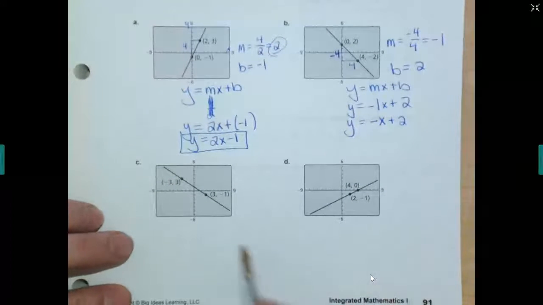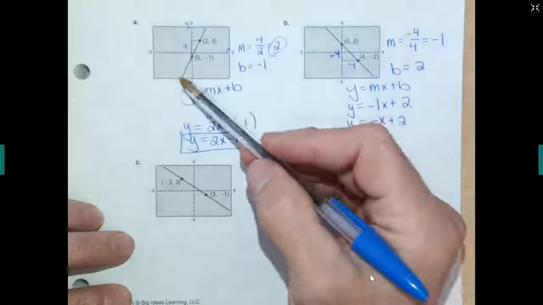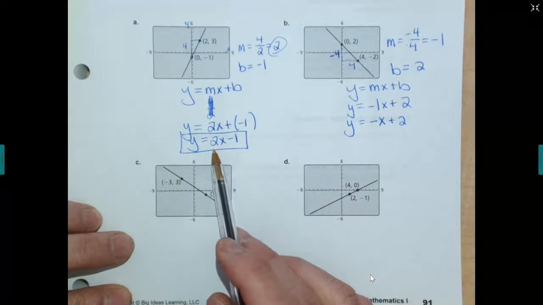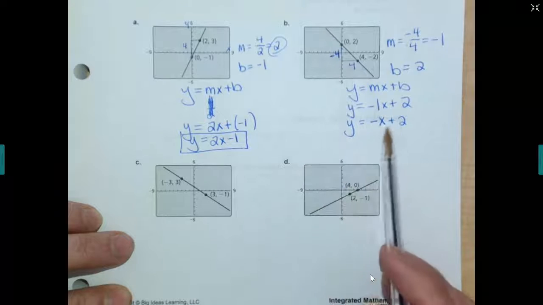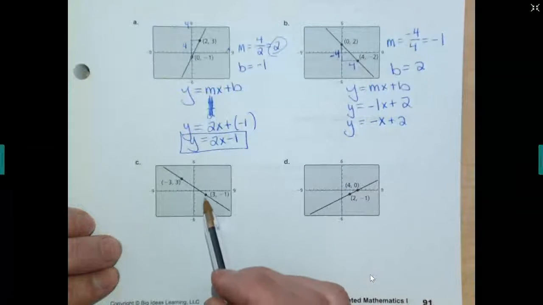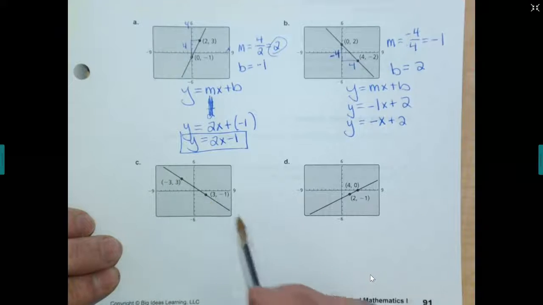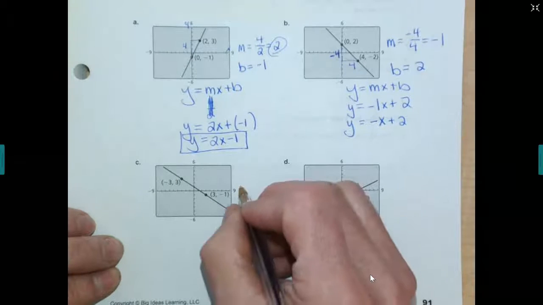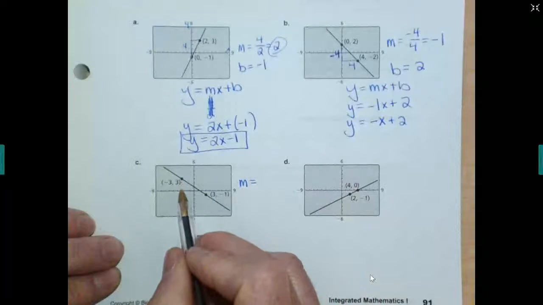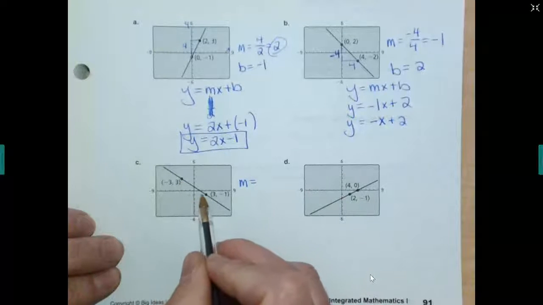Okay. Now you also know this is a positive slope, so we know that we're going to have a positive slope value. This is a negative slope, so we know that we're going to have a negative slope value. So when I'm looking at this one, positive or negative? Well, that's a negative slope. So I know that my slope is going to be negative. Now let's see what it is. Draw this line down, draw this line over.